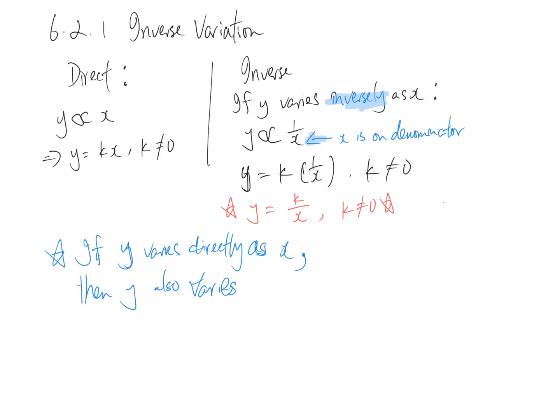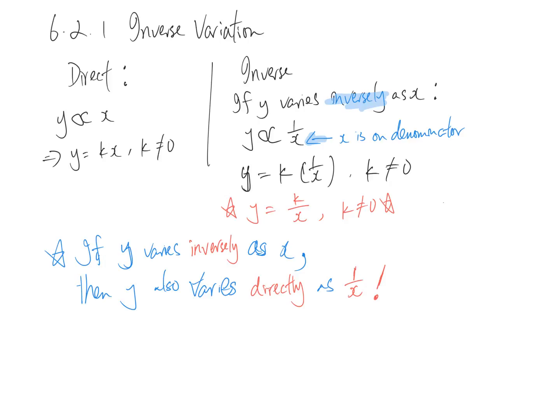Oh, sorry, I made it wrong. It should be: if y varies inversely as x, then y also varies directly as 1 over x. So this is the correct statement.